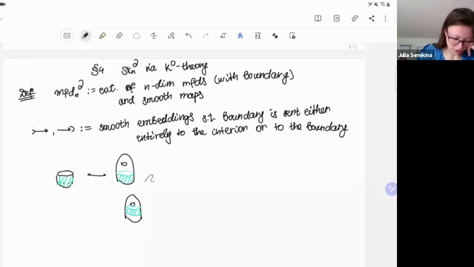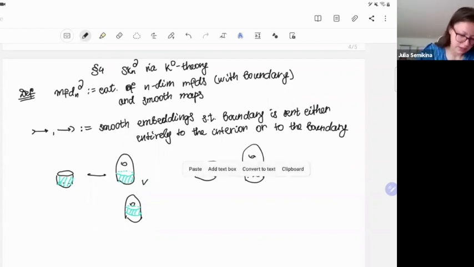What is not allowed is to have something like this, where the boundary goes partially to the boundary and then goes to the interior. So this would not be allowed.